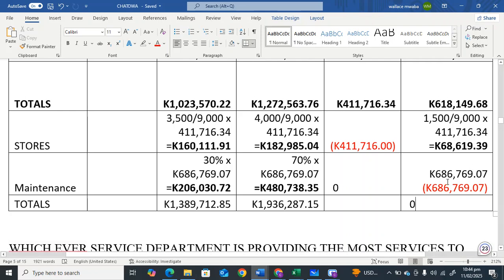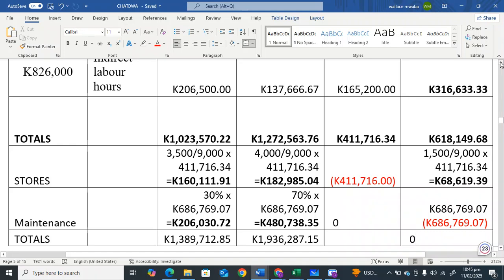Because this amount has been split to these two departments. So if it's split, this side remains zero. Okay. So now, since we have reapportioned back to the production departments, we just get our totals.